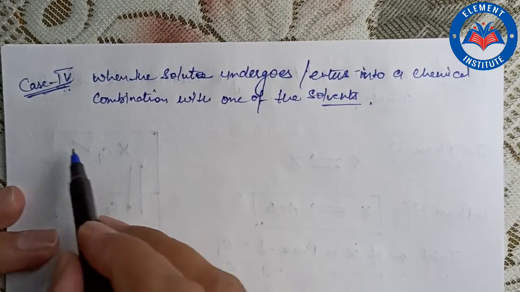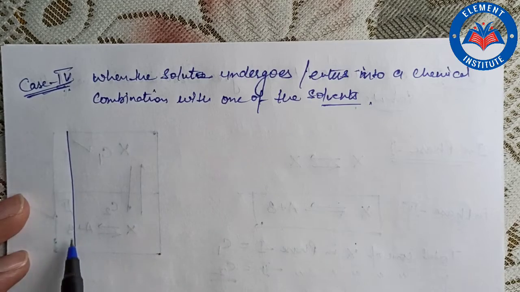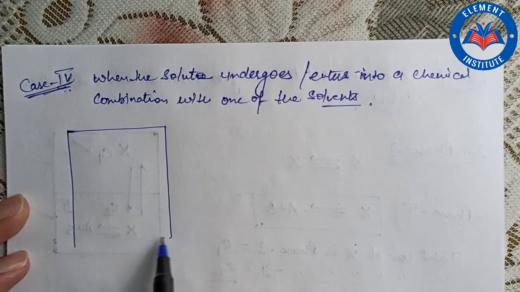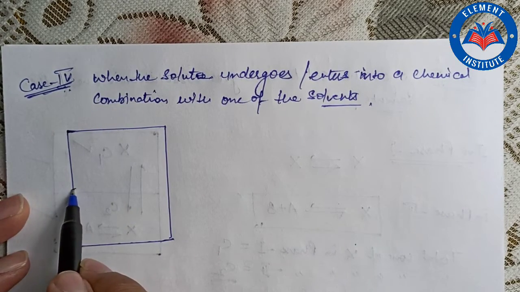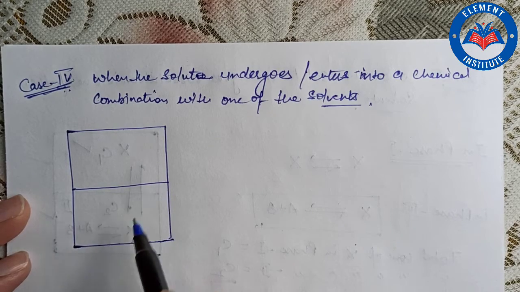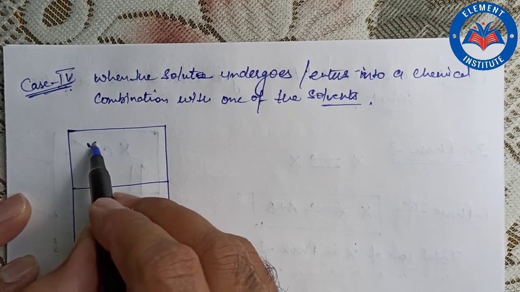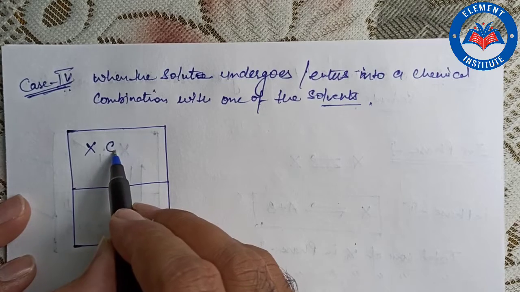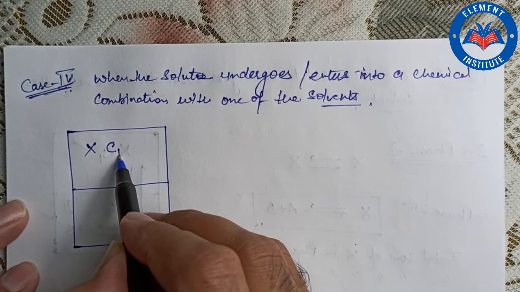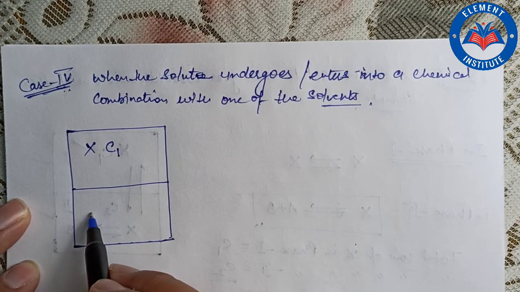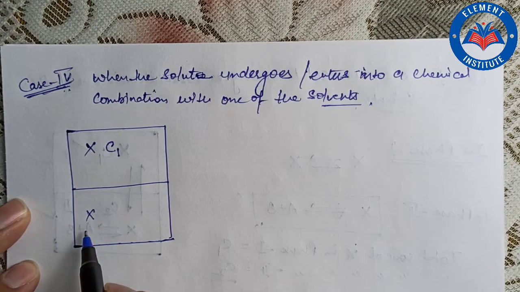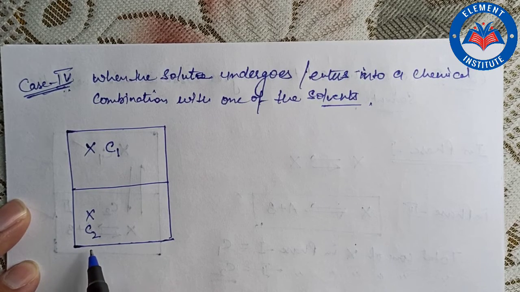Now suppose we have this type of situation where both the liquids are in equilibrium and both are immiscible, and a solute X whose concentration is C1 in liquid 1, and here it is having the concentration C2.